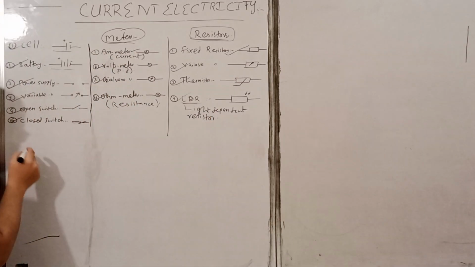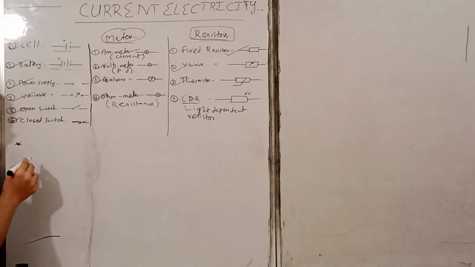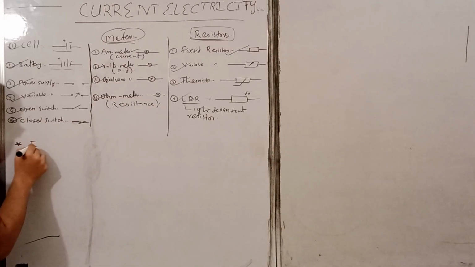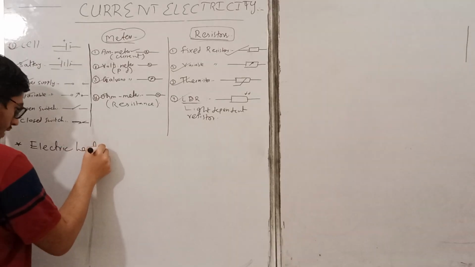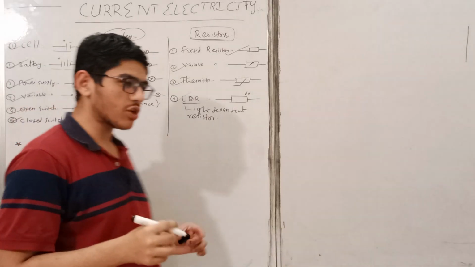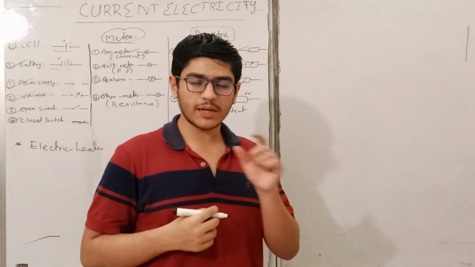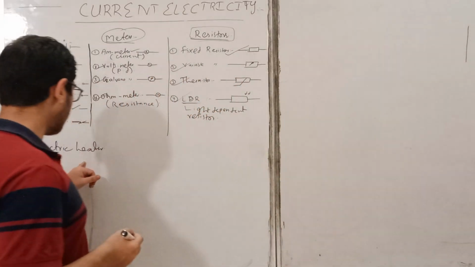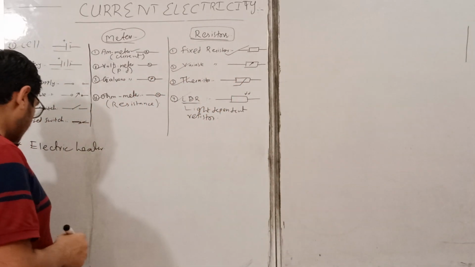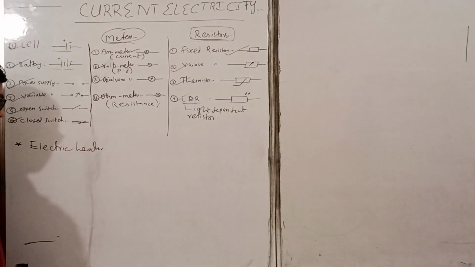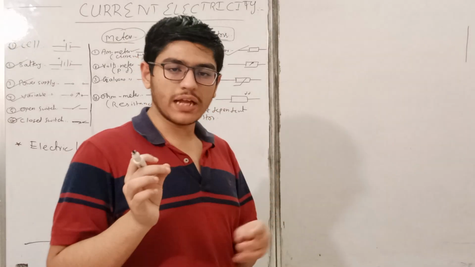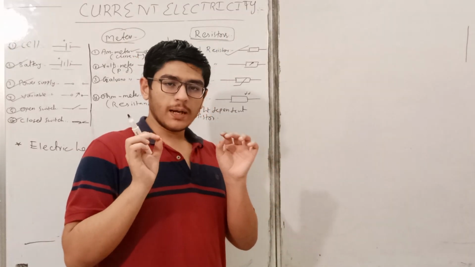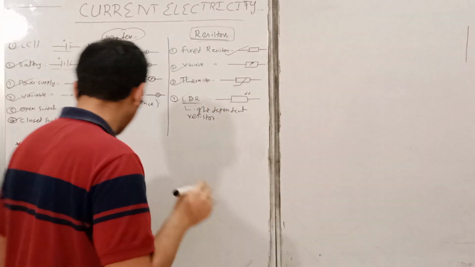There are two other important equipments as well. The first one is electric heater. If you have watched my lecture on the specific heat capacity topic of thermal physics, we studied that an electric heater is used to warm up the metal block, which is used to calculate specific heat capacity.